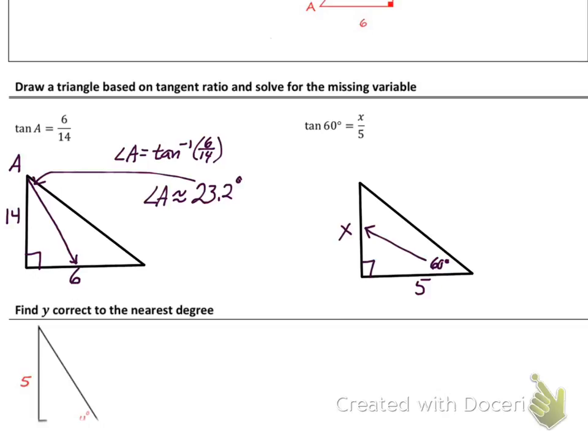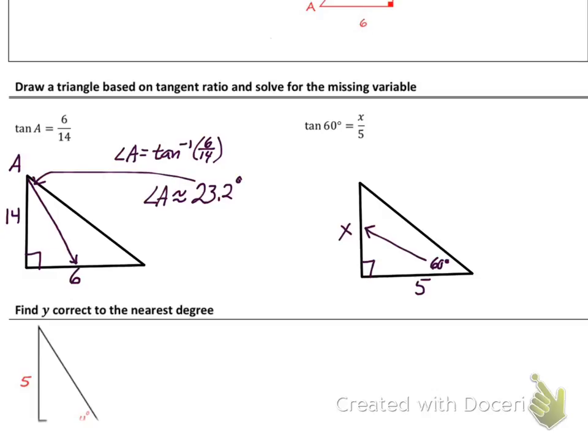That's correct. Is my triangle correct? Look up there. Does it have to be exactly the same as yours? Could you put that 60 degrees on the top angle? Yep, you just would have had your x and your 5 switched.